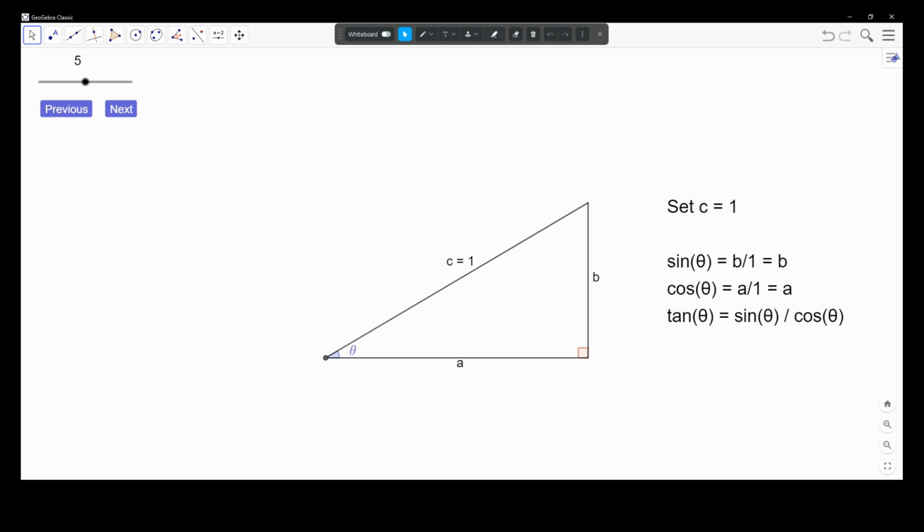Then we can simplify the discussion: the sine of the angle theta is simply the length of the opposite side, and the cosine of theta is the length of the adjacent side. So this simplifies our discussion, and then we know that we can just scale it back up to arrive at whatever application you're currently dealing with.